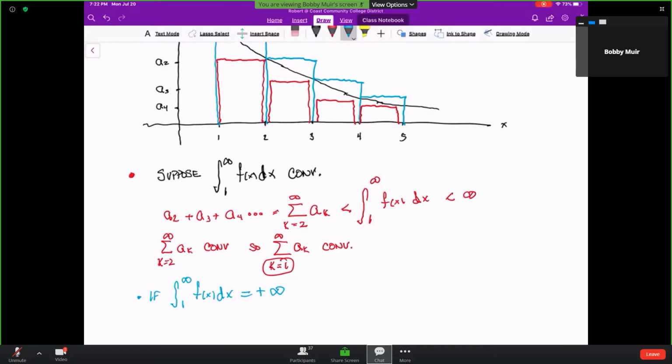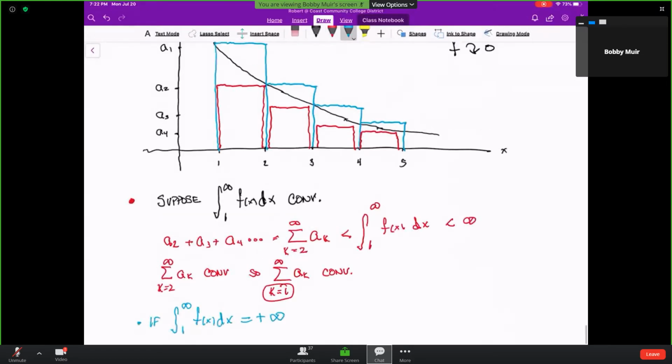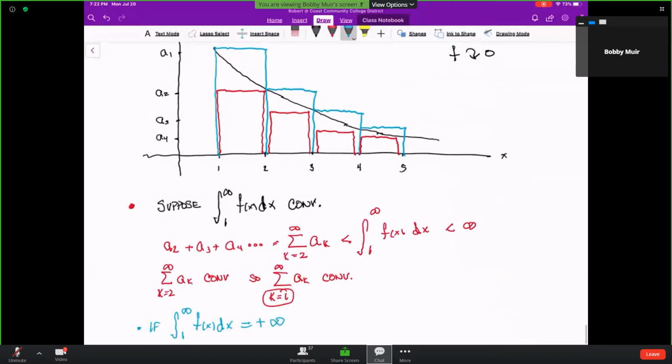If I look at the blue pictures, a1 plus a2 and so on, the area of all of those rectangles, is bigger than the integral from 1 to infinity of f of x dx.